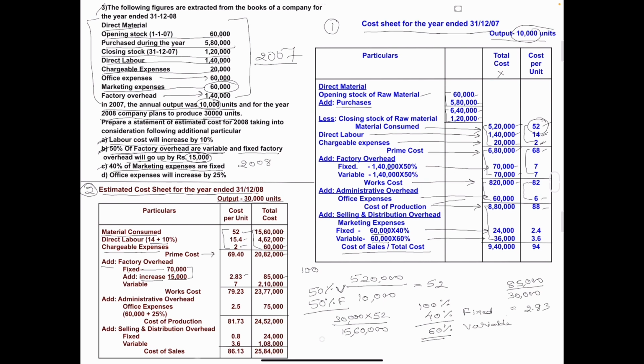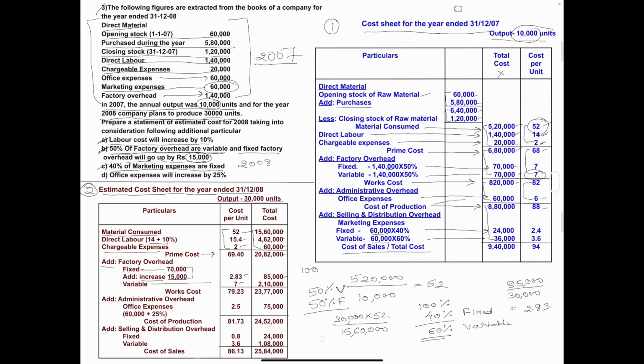Next, variable. For variable, we have to see the 2007 cost sheet per unit column. Variable amount is 7. For fixed, we have to take the total amount, and for variable, we have to take the cost per unit amount. 7. For total, 7 into 30,000.